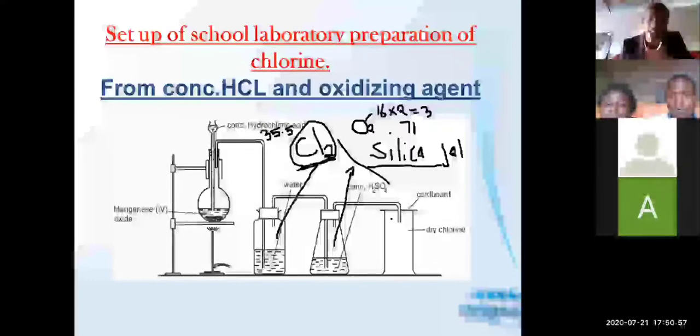You multiply 35.5 by 2, you will get 71. That is the molecular mass of chlorine. Come to oxygen. The atomic mass of an oxygen atom is 16, and oxygen gas has 2 atoms. So 2 multiplied by 16, you will get 32.